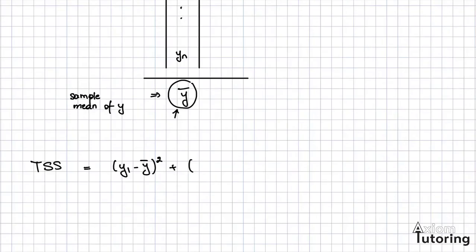Then for the second observation, we're also going to have the distance from y bar, all of that squared. And we're going to keep doing that for every single item until the very last one, the distance from y bar squared. So as you can see, this is the total sum of squares. We take each observation, subtract the mean, square it, and add up everything.